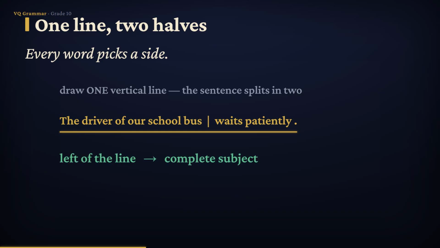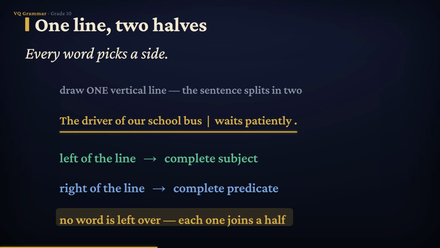Everything to the left of the line is the complete subject, the driver of our school bus. Everything to the right of the line is the complete predicate, waits patiently. And here's the part students forget. No word is left over. Every single word in that sentence lands on one side of the line or the other.